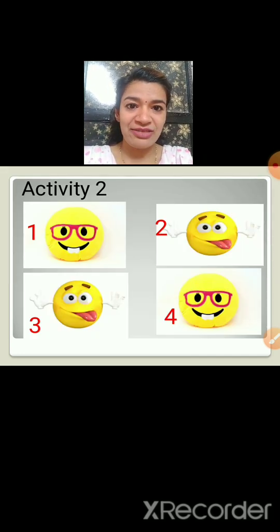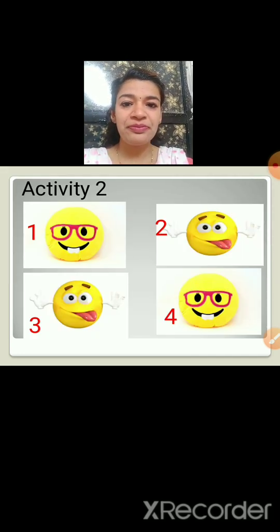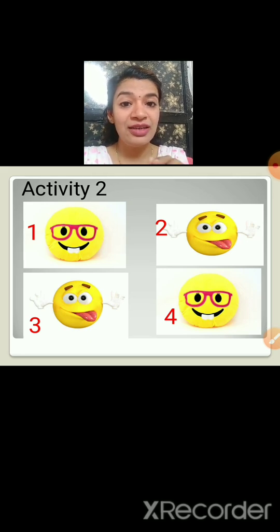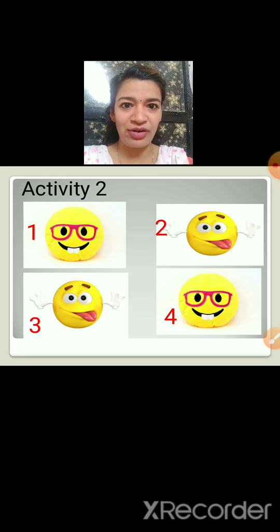So, now activity 2. Now, if I say same, you have to shake your head. And if the faces are different, you have to blink your eyes.